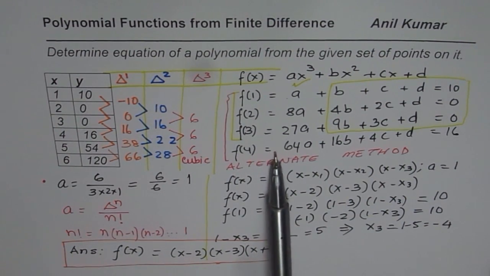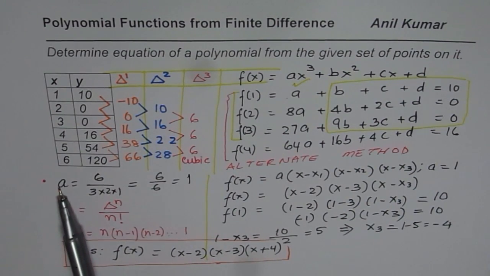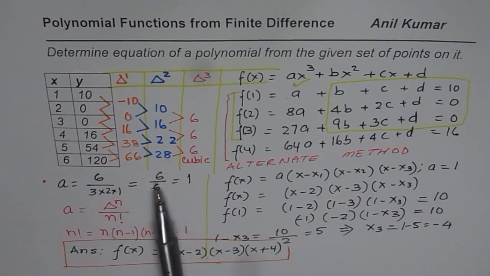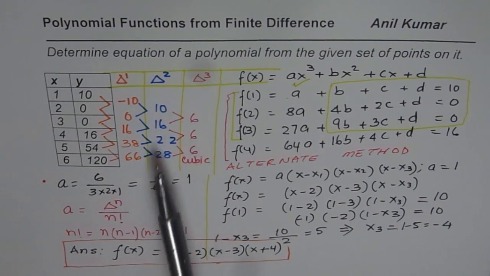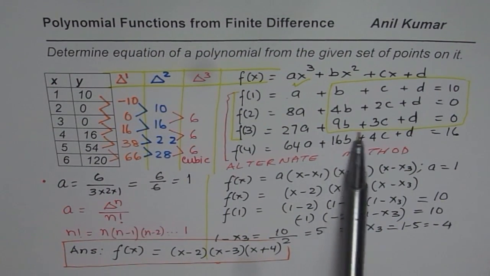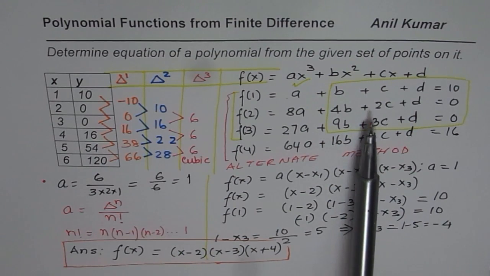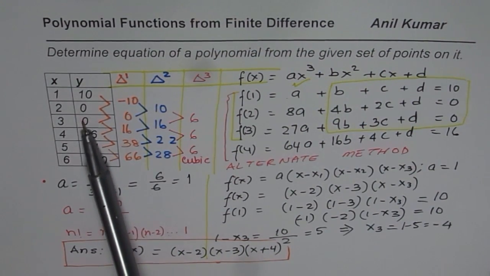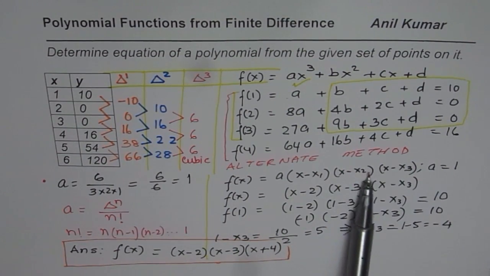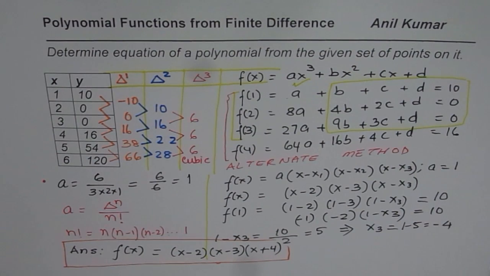If you use some techniques like A, which you can find with the ratio of constant finite difference and the factorial of that, you will land with 3 equations, saving 25% of time. And if you investigate further and use the zeros and apply the factored form, then you can do it in no time. That's the beauty, right?